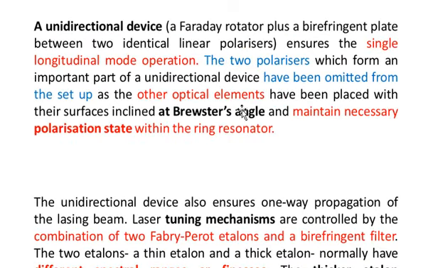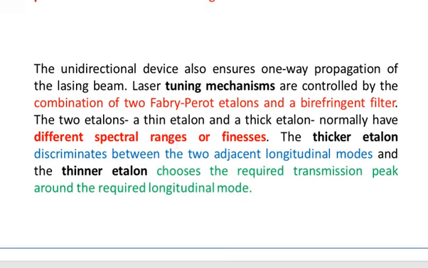So let me read this last sentence. The two polarizers which form an important part of a unidirectional device have been omitted from the setup, as the other optical components have been placed with their surfaces inclined at Brewster's angle and maintain necessary polarization state within the ring resonator.